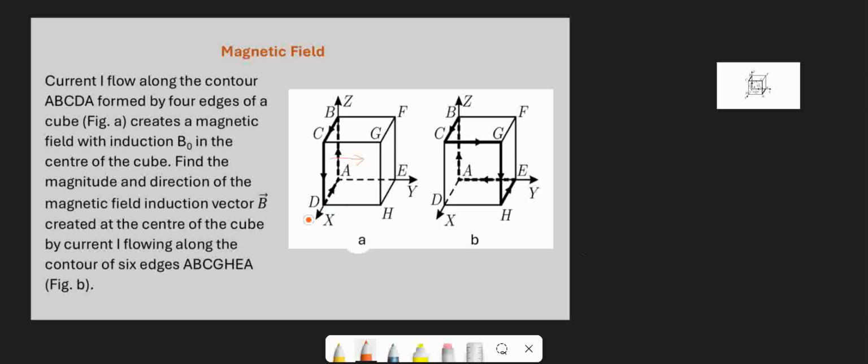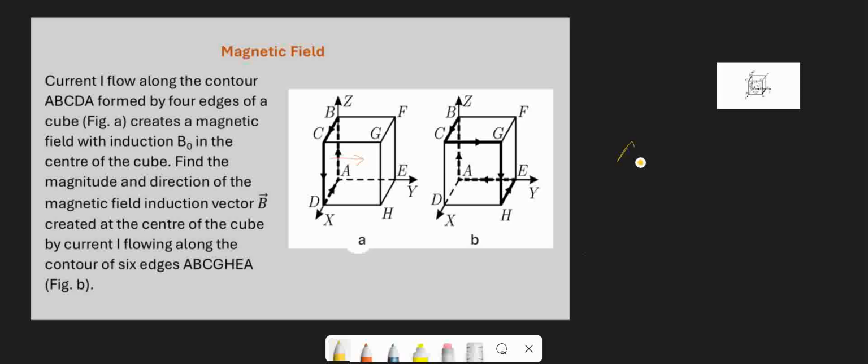And now if I may suggest, consider this six edge contour A, B, C, G, H, E, A. This six edge contour is the sum of three contours.